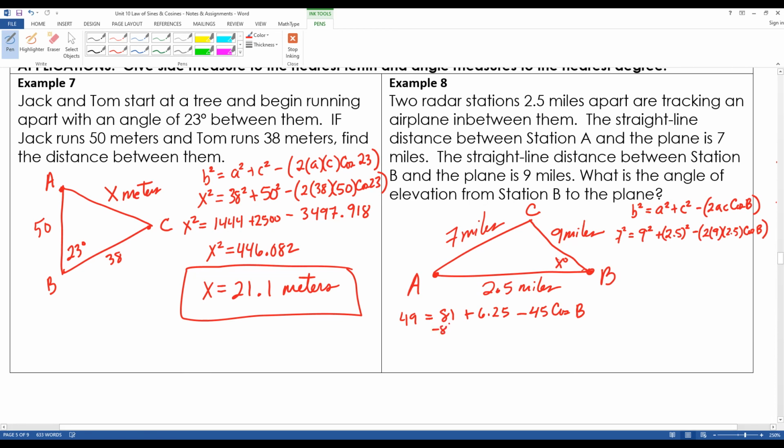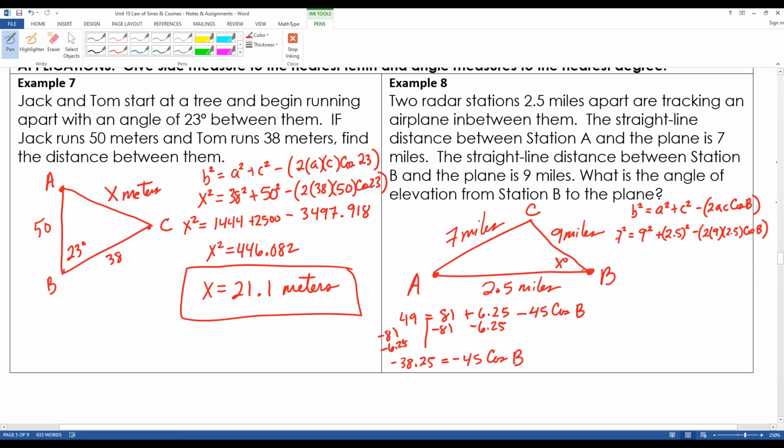We'll subtract the 81 and subtract the 6.25. So I'm left with 49 minus 81 minus 6.25. That is negative 38.25. And what is that going to equal? Negative 45 cosine of B.